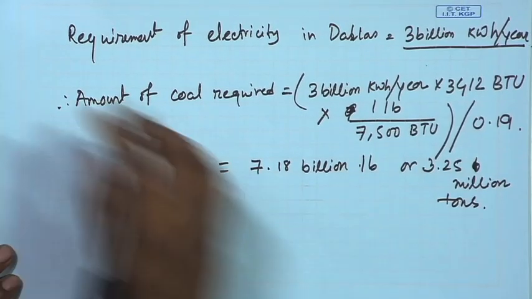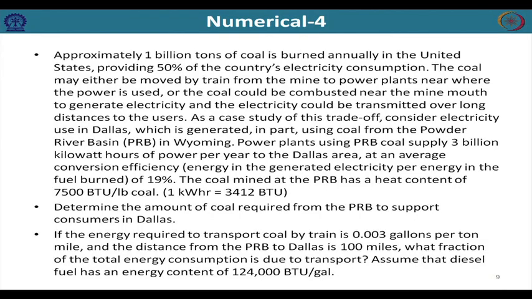Now in the second part of our problem, it has been said that the energy required to transport this coal by train is 0.003 gallons per ton mile and the distance is 100 miles. Then what fraction of the total energy consumption is due to transport? So now we are transporting our coal by train. How much energy will be required for this transporting portion?